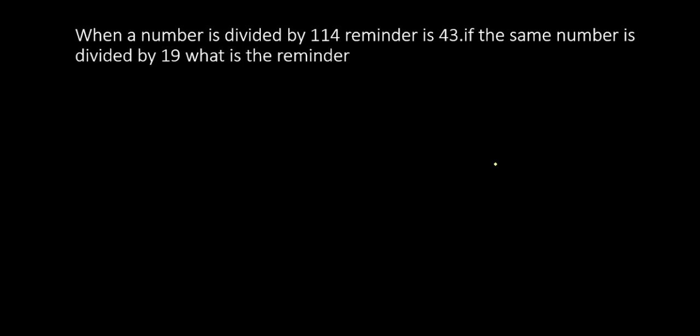Now coming to the next one. When a number is divided by 114, the remainder is 43. If the same number is divided by 19, what will be the remainder? Now take this 114, 114 divided by 19. It goes 6 times. 6 is called the quotient.